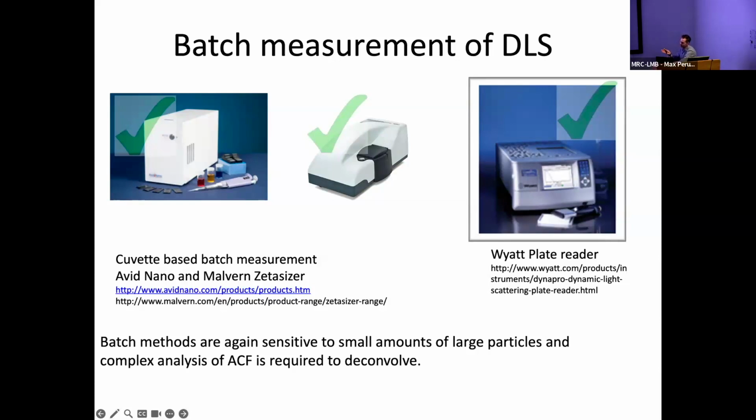Also, this machine will do thermal gradients, and you can run lots of different wells with lots of different buffers and do large screens. So that's really what it gets used for, large screens of buffers and physical work.